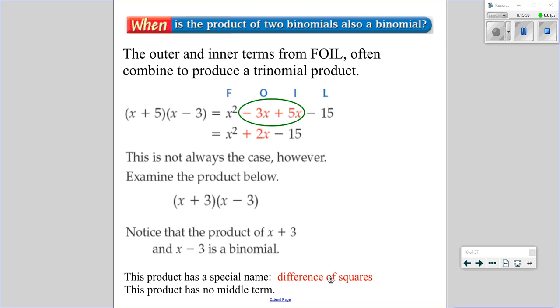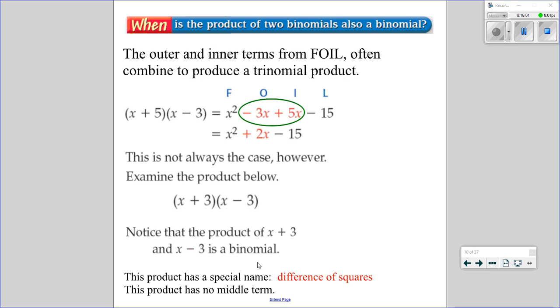Because again, notice that when you do FOIL, what is your first term? It's going to be an x squared or y squared, whatever it is. So it's a square. But when it comes to having the same term, either positive or negative, your product is not going to have a middle term. Notice how there's a middle term in this one? There's not going to be a middle term.